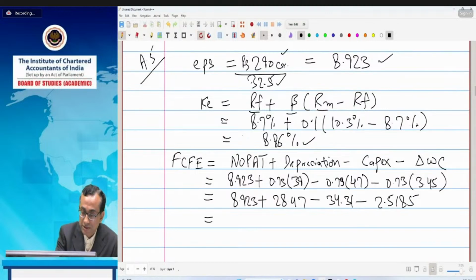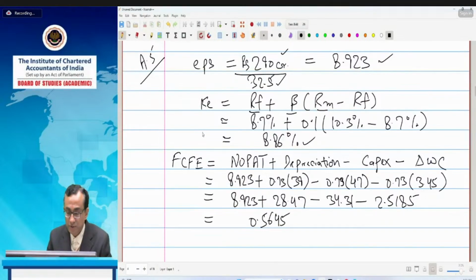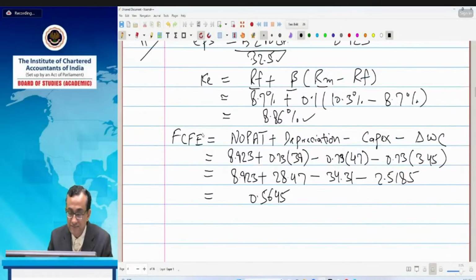So let us add all these figures, calculate it. It is coming to 0.5645. Let us check whether it is coming to 0.5645 or not. So FCFE is 0.5645.